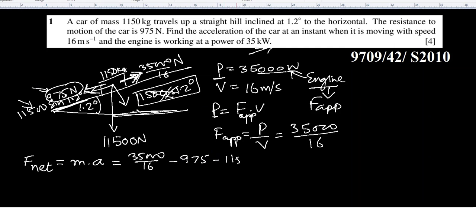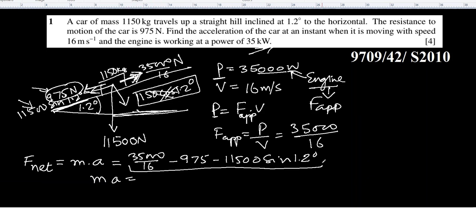Minus 11,500 sine 1.2 degrees. So ma is equal to, when I put this whole thing in my calculator, I get 971.662 newtons.